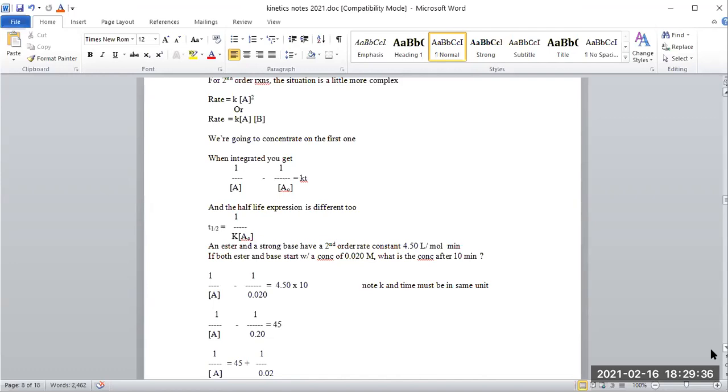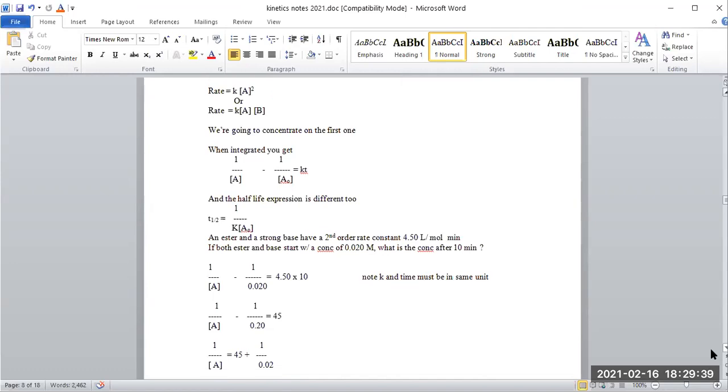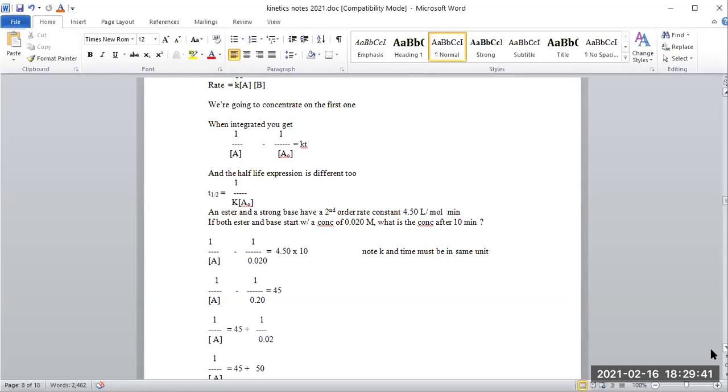All right, start putting the pieces into the puzzle here. I don't know my A, my concentration at later time. I do know my A0, so I'm going to put the 0.02 on the bottom there. I know my k value, 4.5. I know my time.